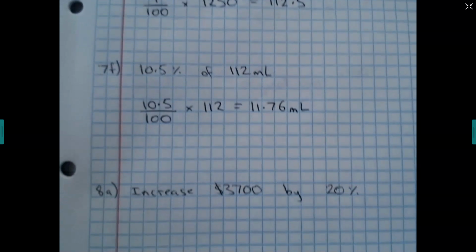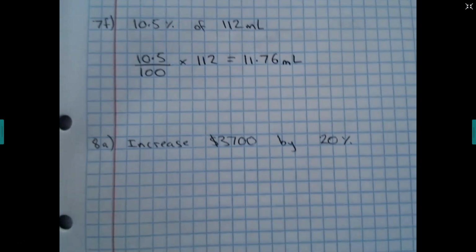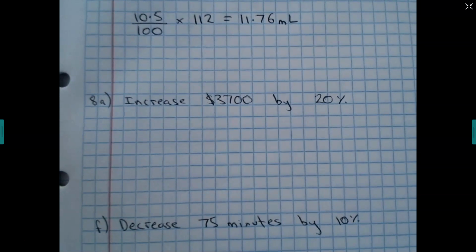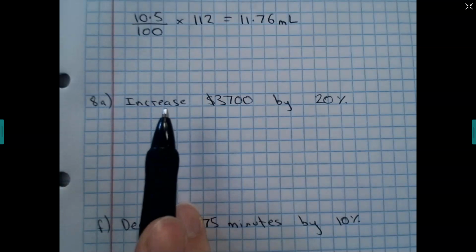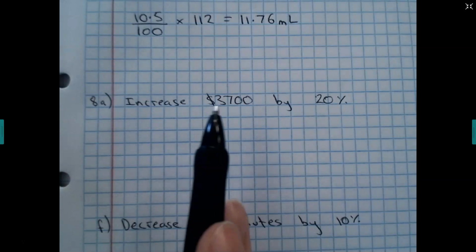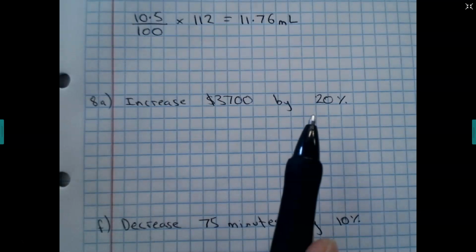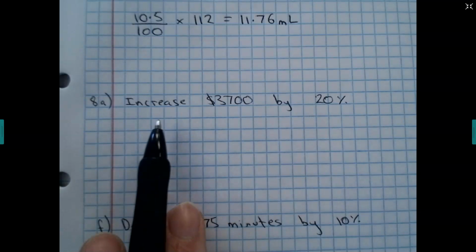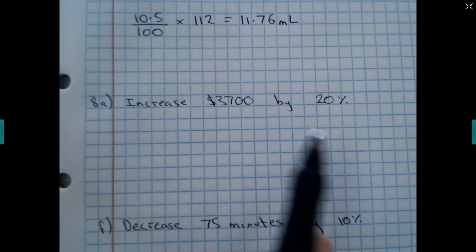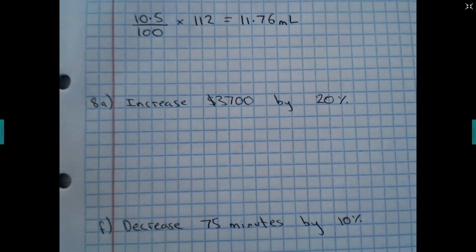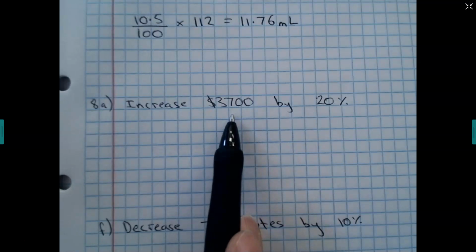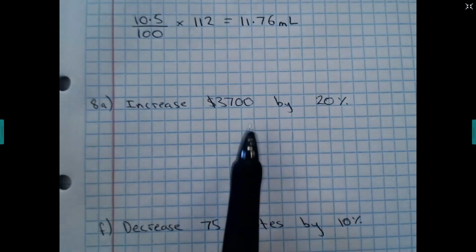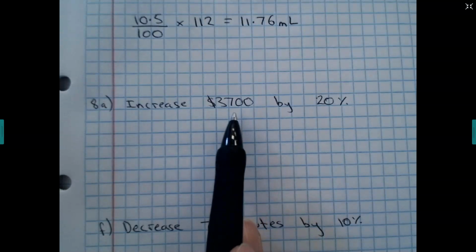Now these next two I really want you to focus on because they're probably a little bit more difficult. So if you want to increase 3,700 by 20%, one thing that you could do is work out 20% of that value in the way that we've just done it. 20 over 100 times this, work out what that is, and then add it to 3,700.